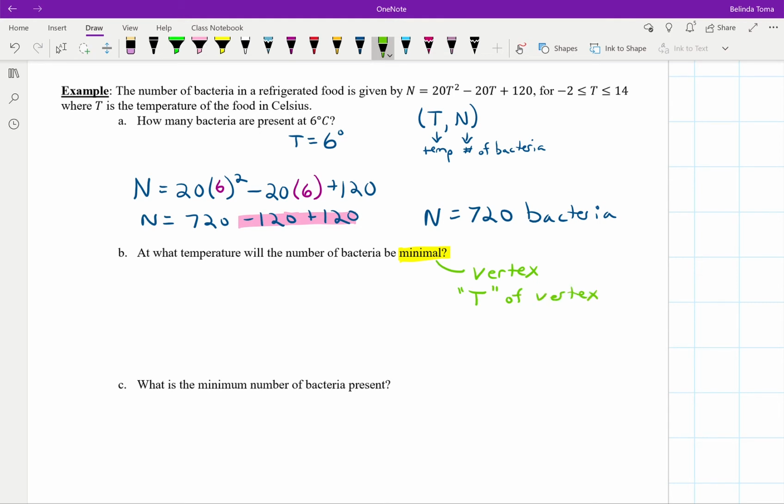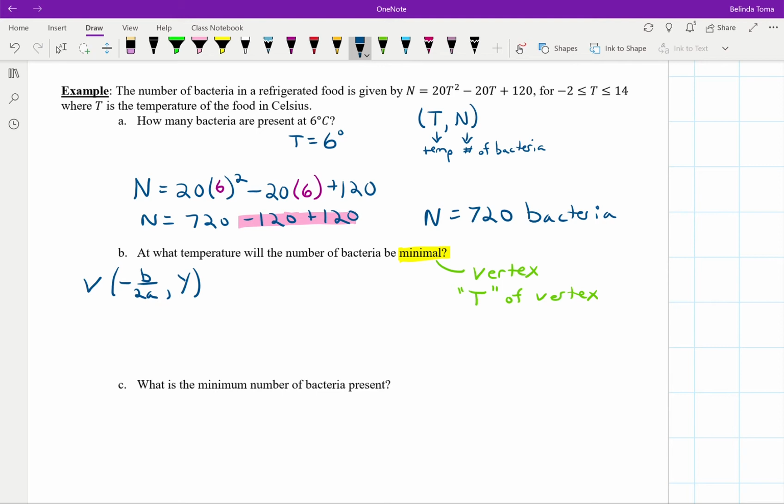So if you recall, if we have an equation in standard form, which is what we have here, we know that the vertex, the X coordinate, is going to be the opposite of B over 2A, or negative B over 2A. The Y value would be what we get when we plug that X coordinate in.